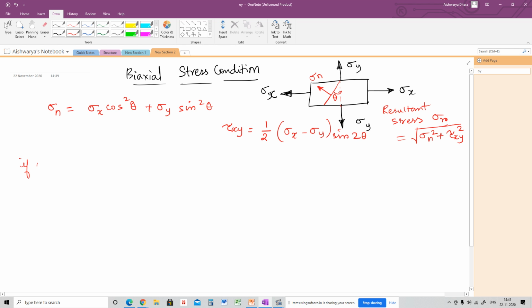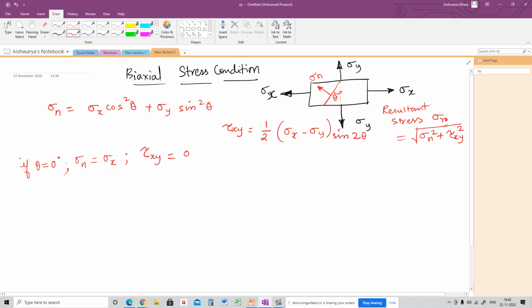If theta is 0 degree, what will be the value of sigma n? Sigma x, yes. What is the tau? Tau will be 0.